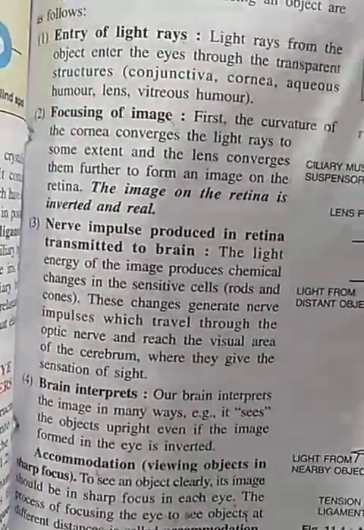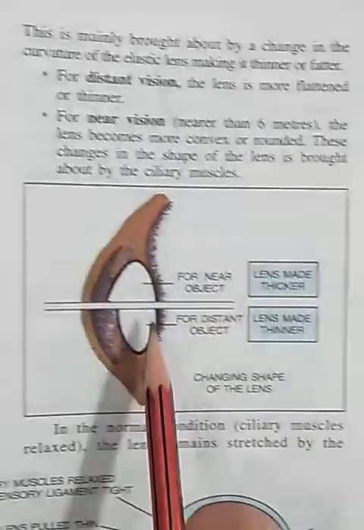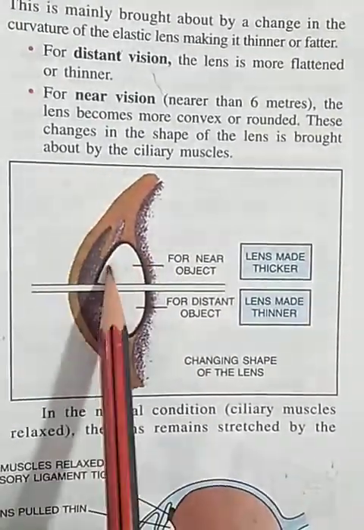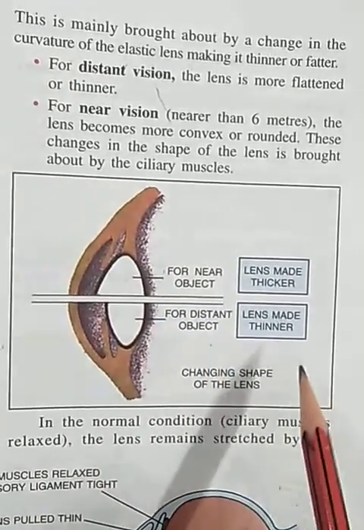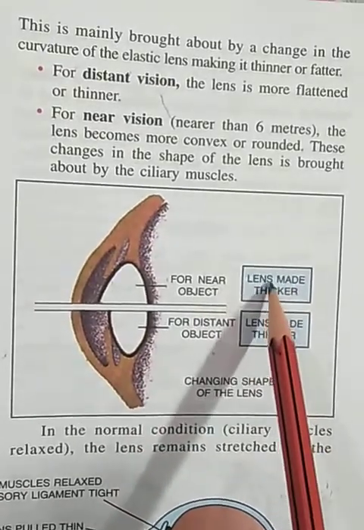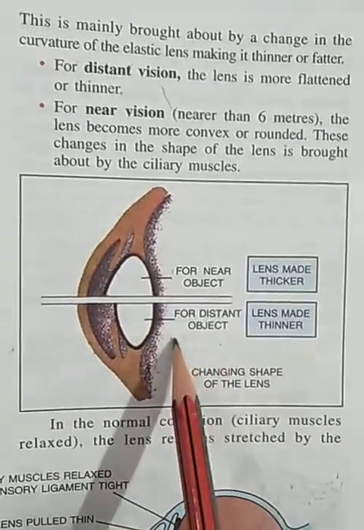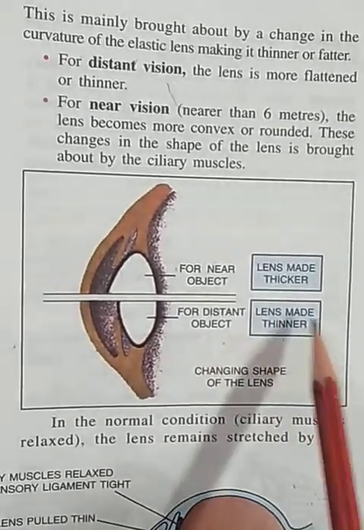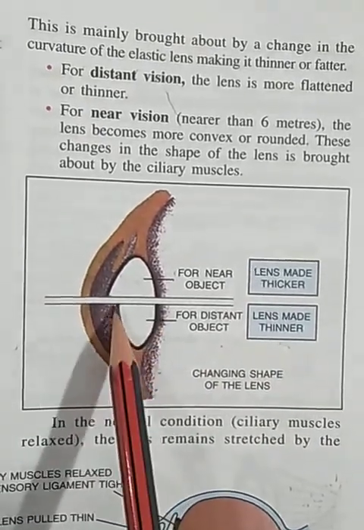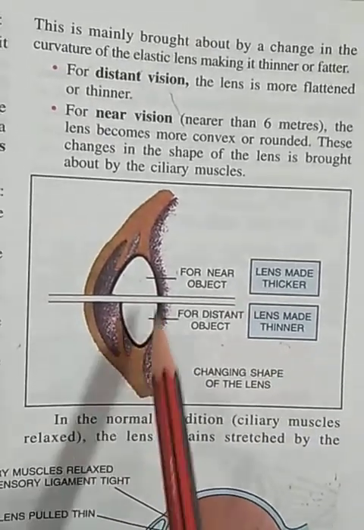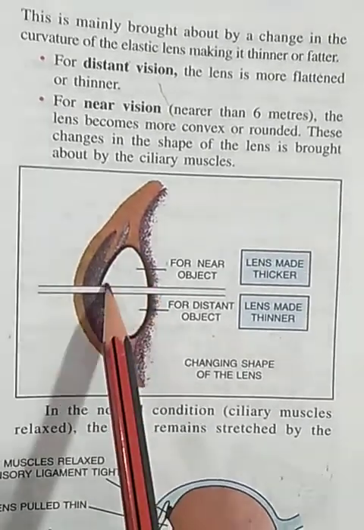Now students, here you can see, if we want to see distant objects, then our lens becomes flattened or thinner. Thinner means it becomes flat. Here you can see the lens becomes flat. But if we want to see near objects, then our lens becomes more rounded.